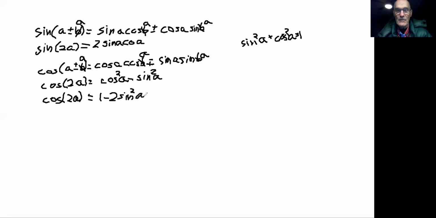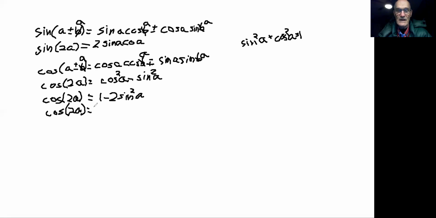And for the third version, the cosine of 2A equals, now I replace the sine squared with 1 minus cosine squared.